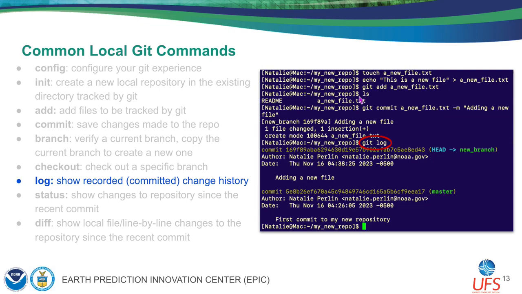Here our ls shows that we have two trackable files. Then we issue another git commit where we say we'll be adding a new file. When we issue git log, it will show us two commits. The most recent one was adding a new file, and the previous was the first commit to a new repository.